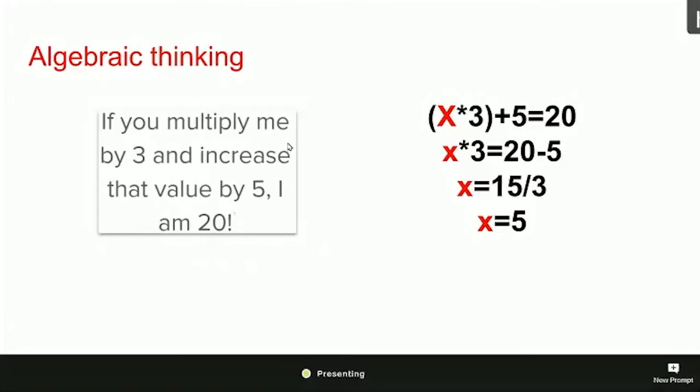So with this question, if you multiply me, okay, we don't know what me is. So here we are using a symbol, let's say X, or if you prefer, you can use a different letter, maybe A or B or C or Y, Z or M, N, O, P, any symbol. We are just using a symbol.